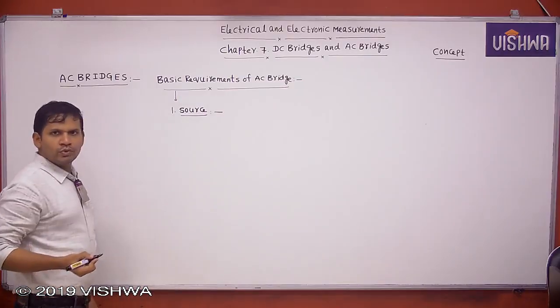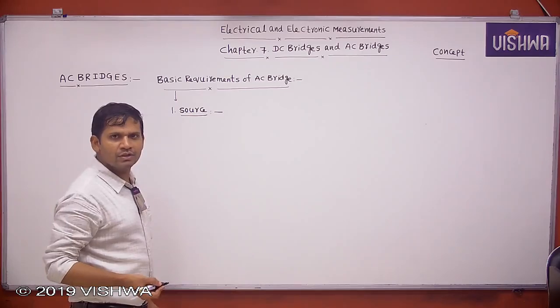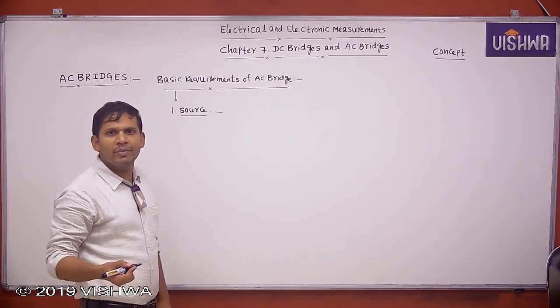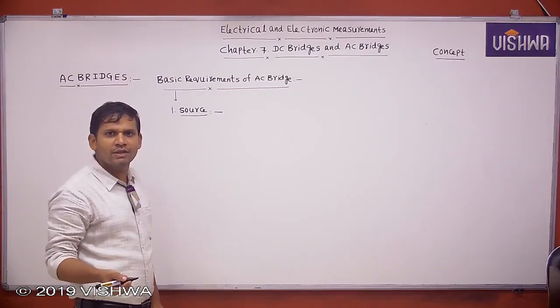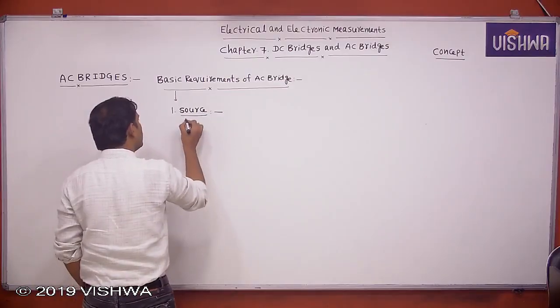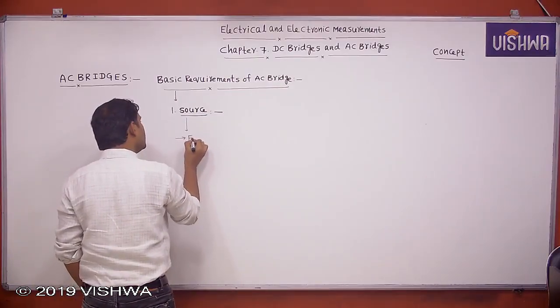Then what is the source we are using in an AC bridge? For low frequency application, or at power frequency, the AC power line is used as a source.